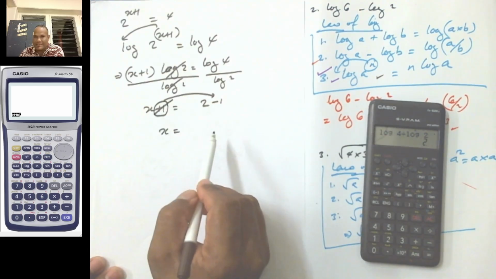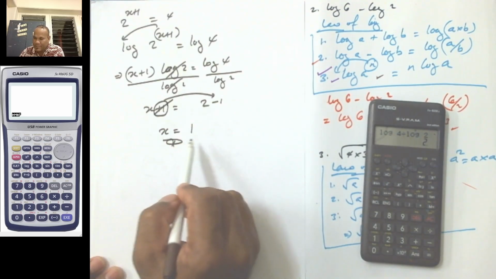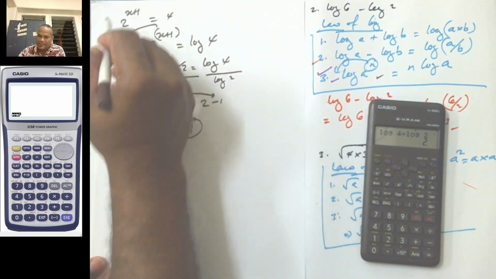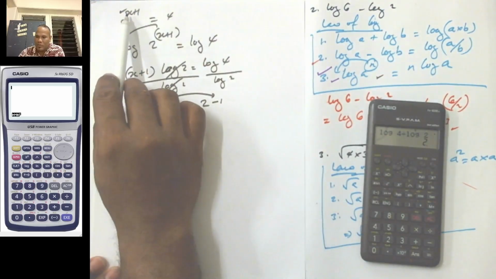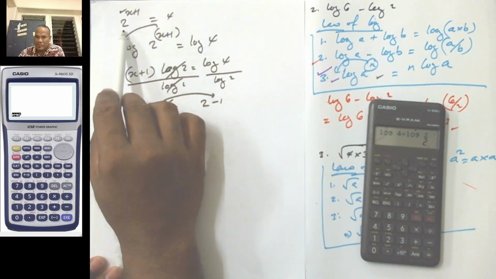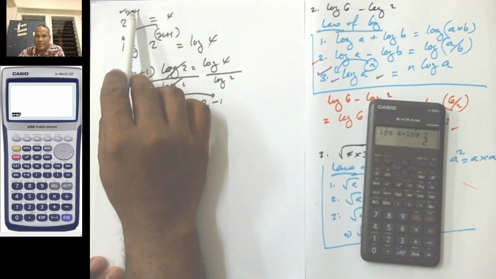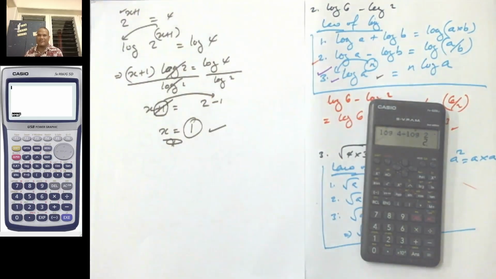We're left with x equals 2 minus 1, which is 1. Let's check. Plug it in here: 1 plus 1 is 2. 2 to the power of 2 is what? 4. Is this 4? Yes. So that is our answer.